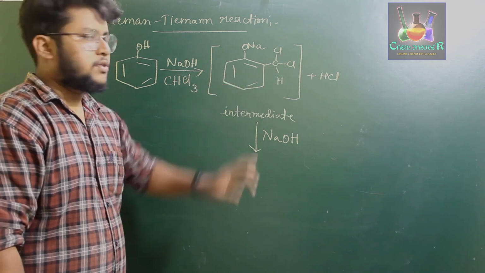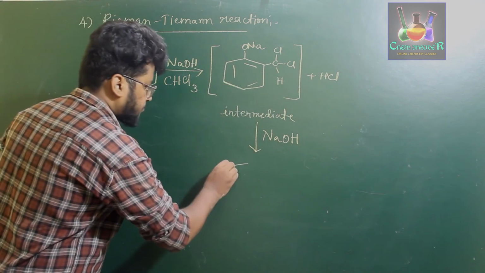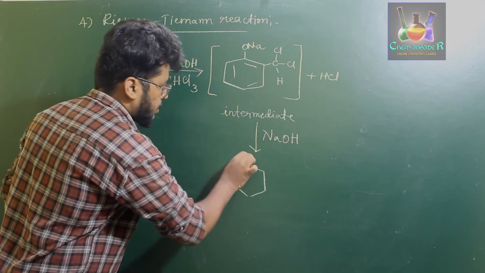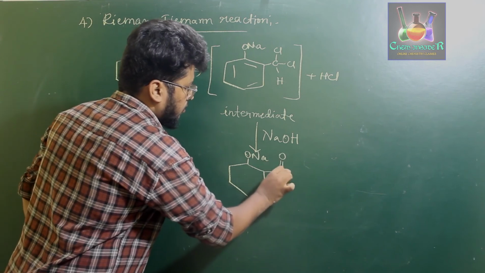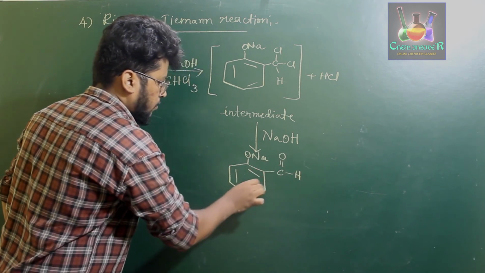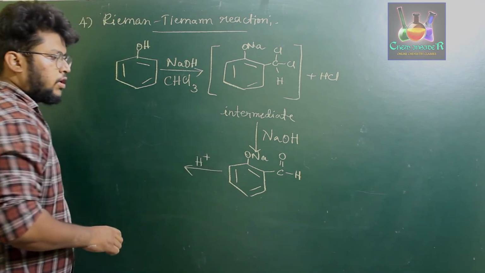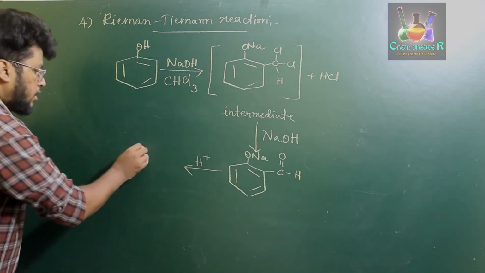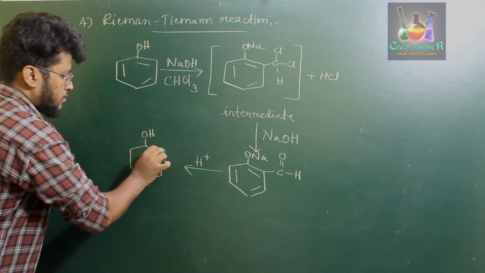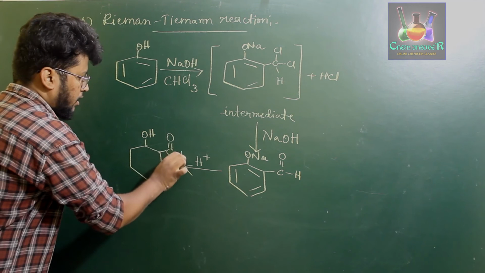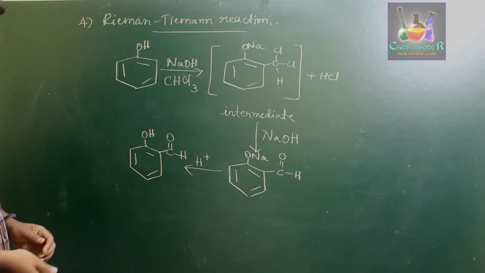The chlorine atoms present over here will be replaced by oxygen to form a compound like this: ONa, C double bond O, H. Okay, so this on hydrolysis with H plus ion gives us OH, C double bond O, H. So this is the reaction which is going to take place.